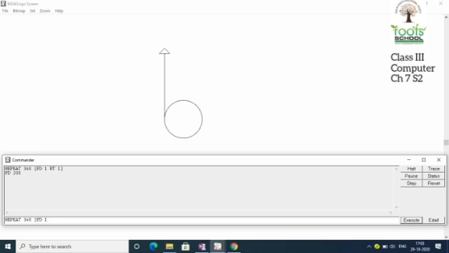Now let me show you if I write towards the left, so LT 1, and closing the bracket and clicking on execute. So here you see the turtle has gone towards the left because I wrote left over here, and it has gone towards the right because I have written right over here.